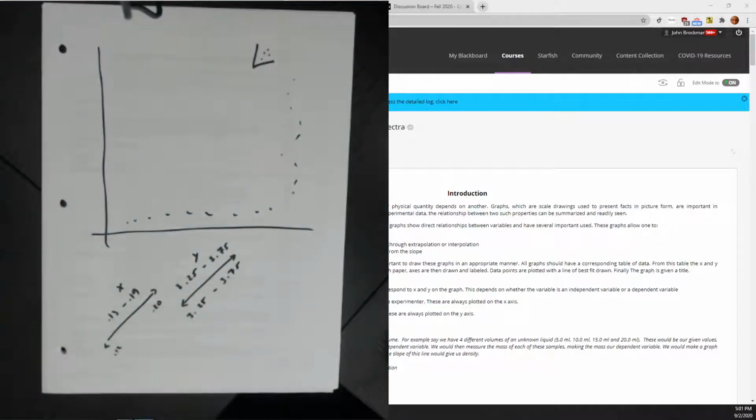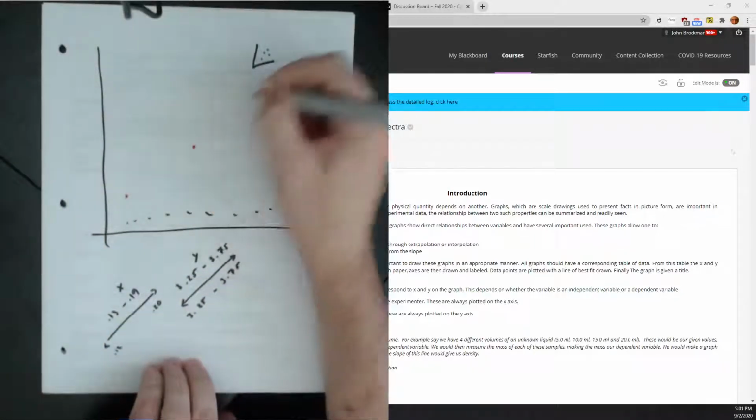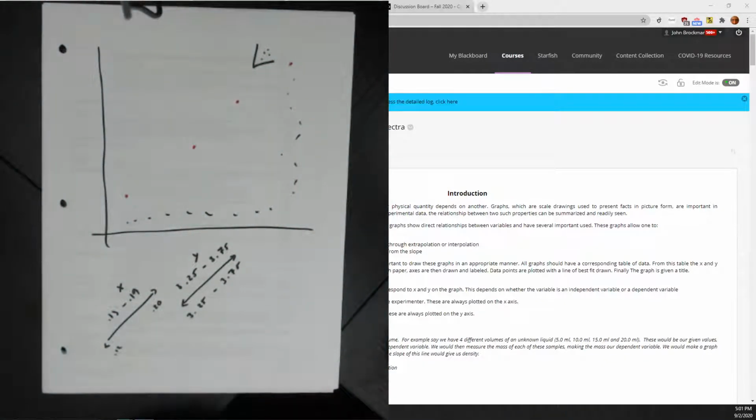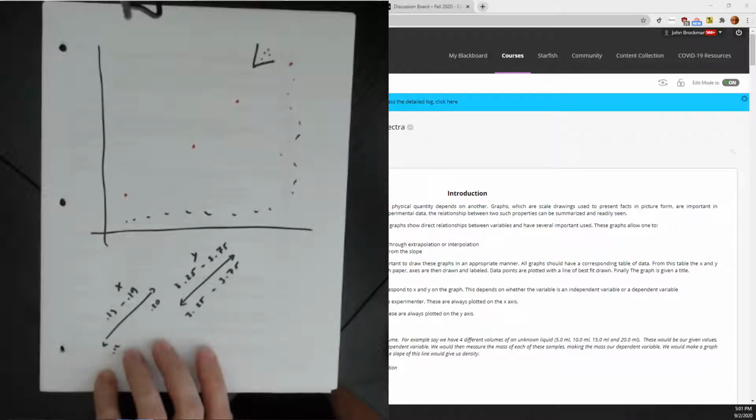But you want your data to fill the graph. You don't want empty space in your graph. Just make the margins as big as your data, or at best slightly larger.